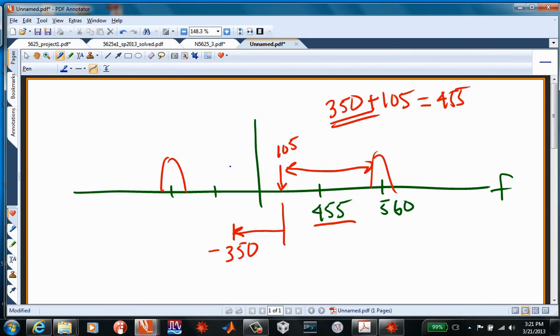And likewise, if there was a signal sitting in here at minus 350, it would also have a copy sitting there. And the spectrum of the local oscillator itself has a spike at the positive and negative frequencies, right? So does that answer the question?